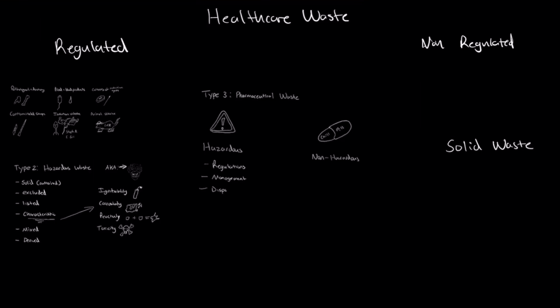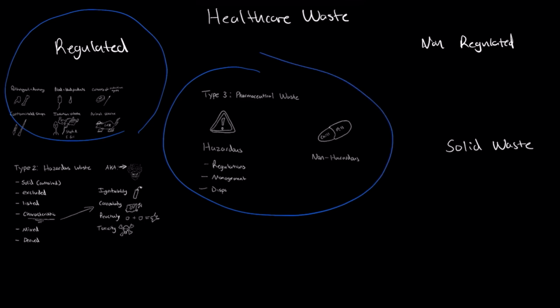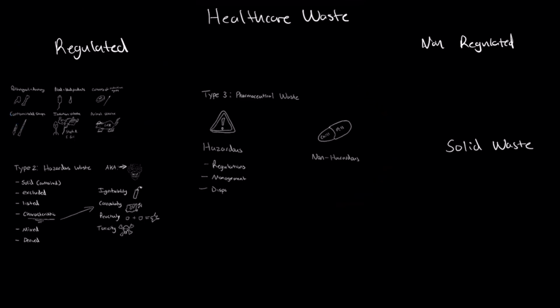So before we move on here, I want to zoom out a bit and clear some confusion by illustrating to you the dynamics of these wastes. You might have noticed that regulated waste is a category and pharmaceutical waste is a category, yet there's both regulated pharmaceutical and non-regulated pharmaceutical. You might also notice that hazardous waste has some similar cross interactions. So basically, healthcare waste is broken down into regulated and non-regulated.